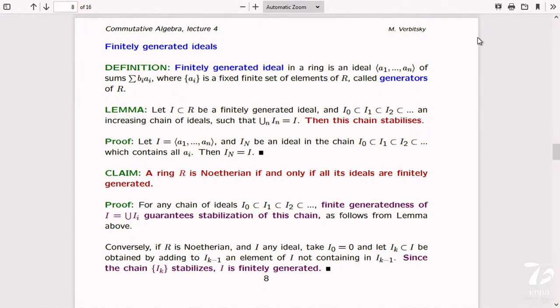So, definition. But this definition is implicit in Hilbert, of course.